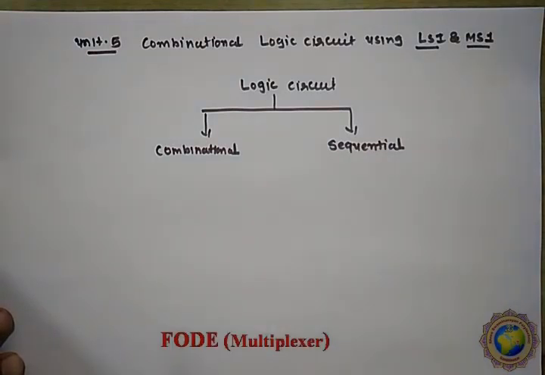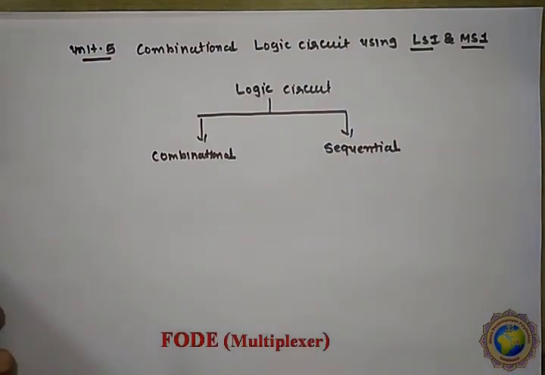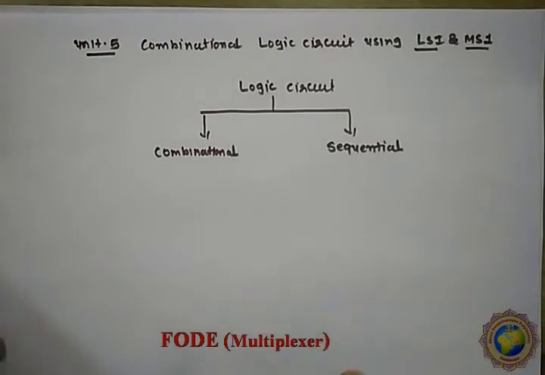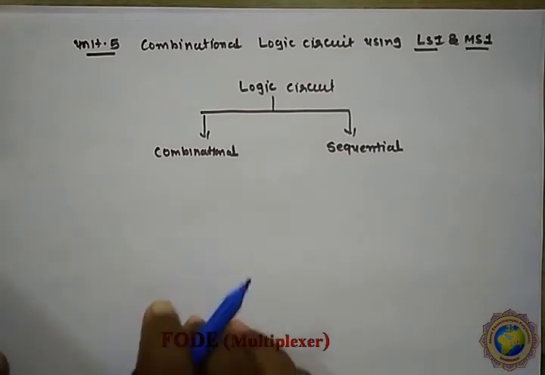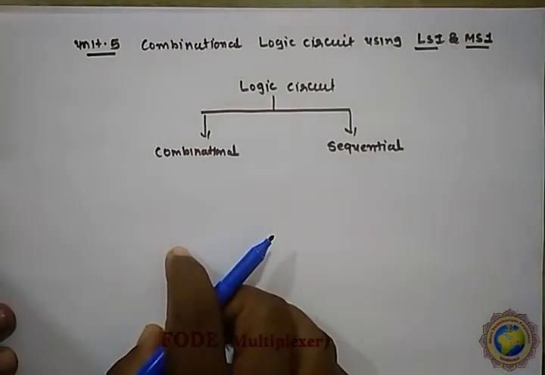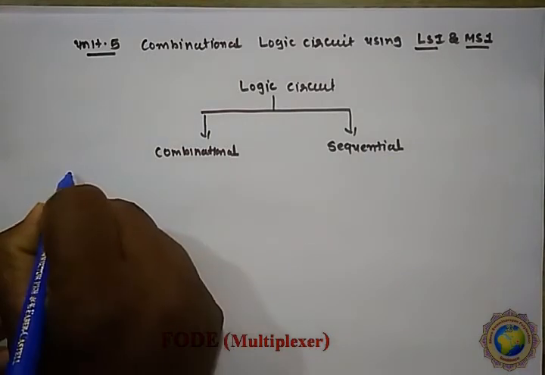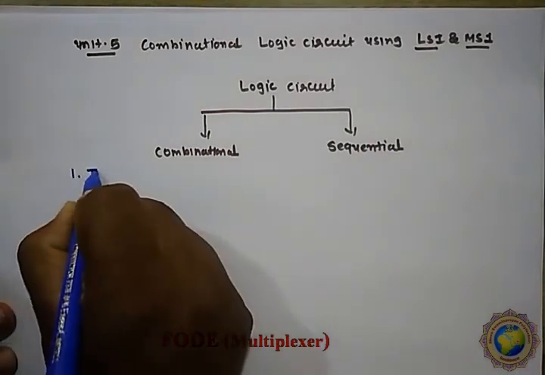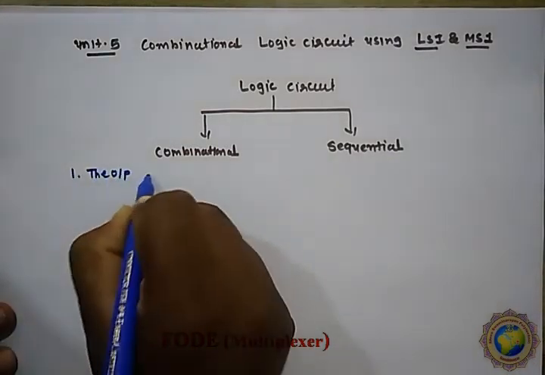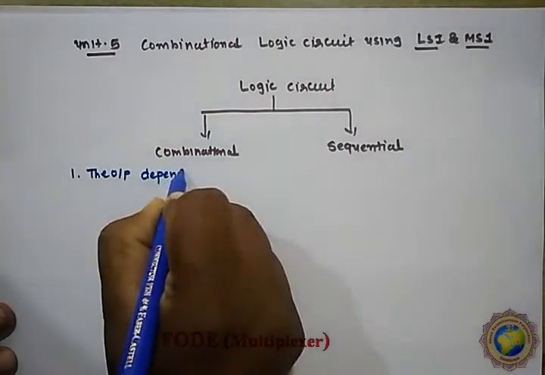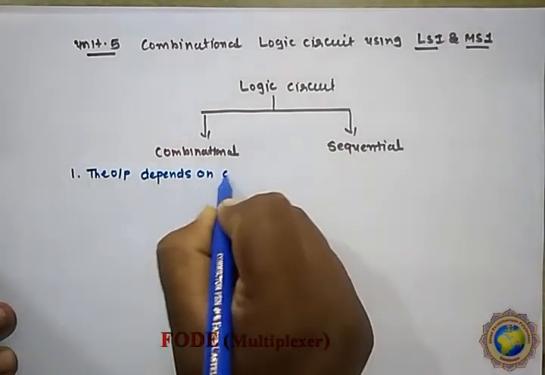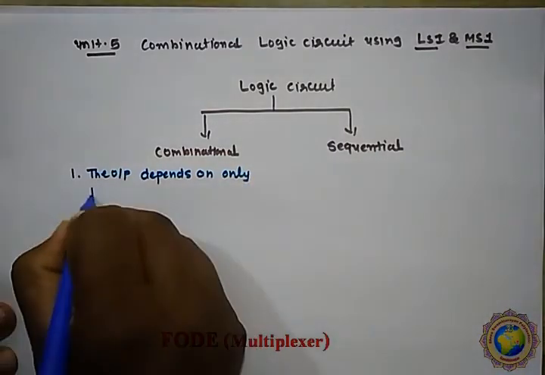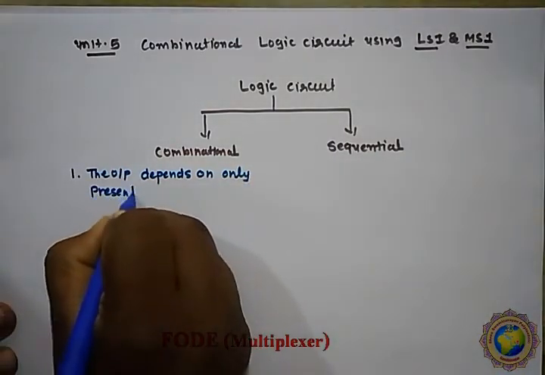Okay, what is the meaning of combinational and what is the meaning of sequential? In a combinational logic circuit the output depends only and only on the present input. That is known as a combinational logic circuit. So the definition: the output depends on only the present input.